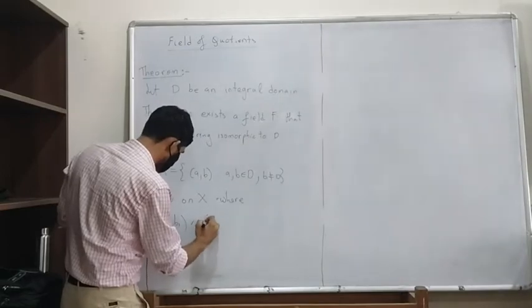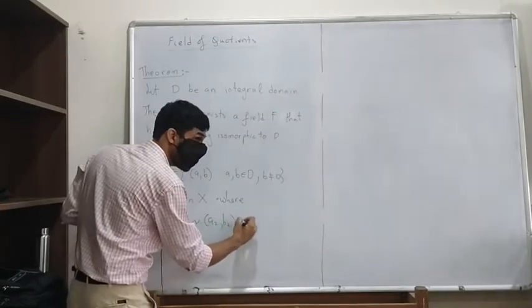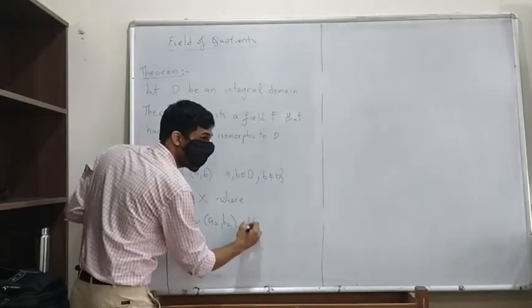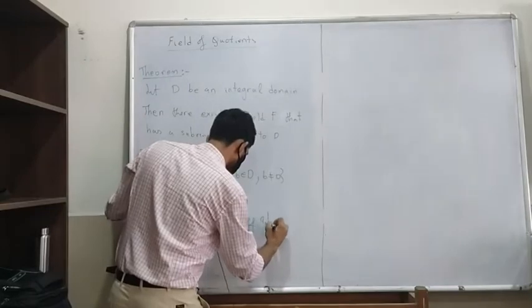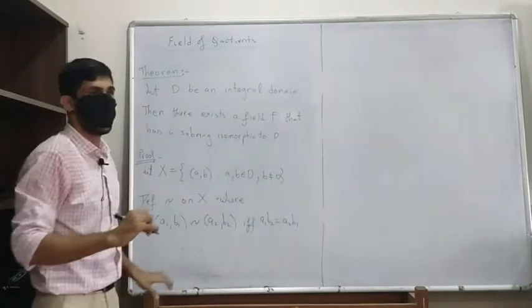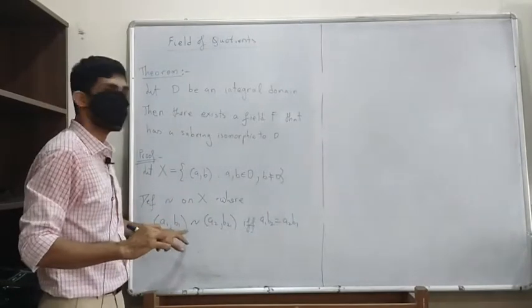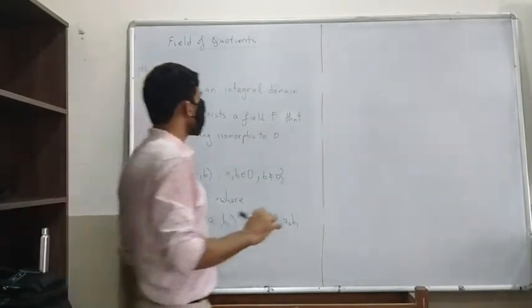When will (a1, b1) be related to (a2, b2)? Anyone tell me? Exactly, when a1 b2 is equal to a2 b1, that's the relation. Now I need to show that this is an equivalence relation, okay.